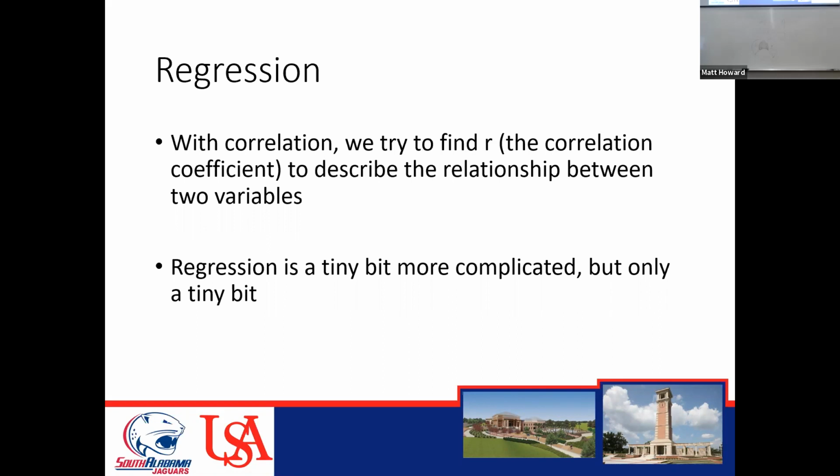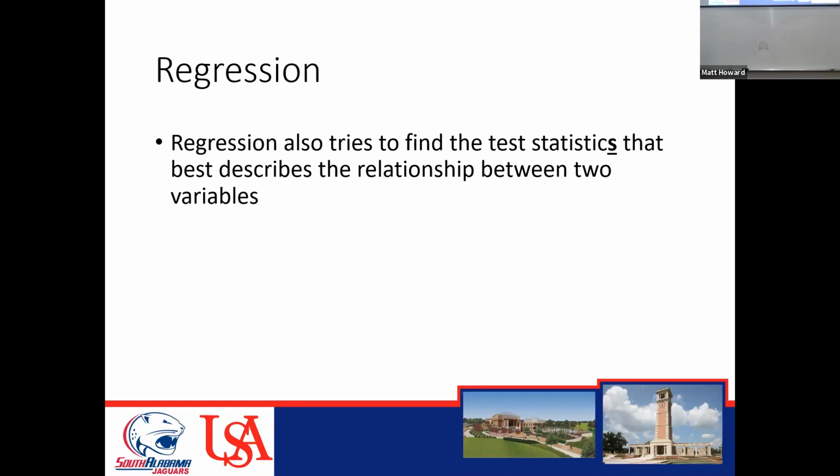Just like with a correlation, where we try to find the R, or the correlation coefficient, that best describes the relationship between those two variables, regression is a tiny bit more complicated than that, but only a tiny bit. You'll see in these figures, I believe on the next slide, that regression also tries to find the test statistics that best describe the relationship between two variables.